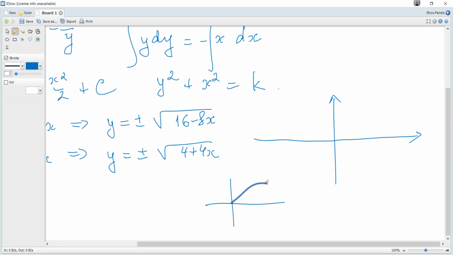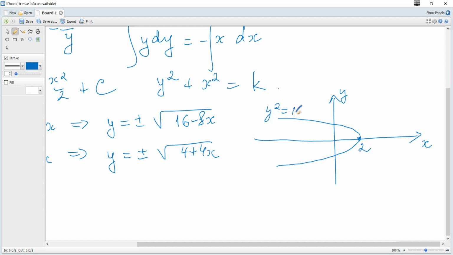A graph of square root, but reflected about the y-axis, so it will be directed to the left. So according to plus, it's above, and according to minus it will be absolutely symmetrical, but below the x-axis. And it's what? y squared is 16 minus 8x.